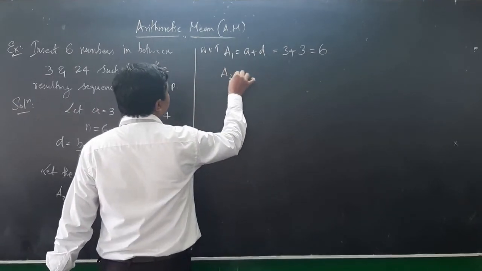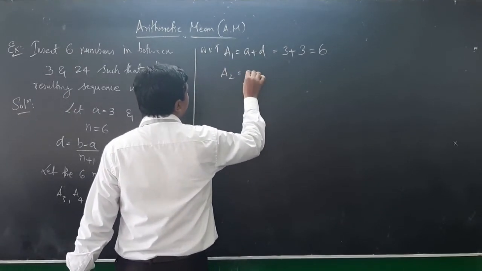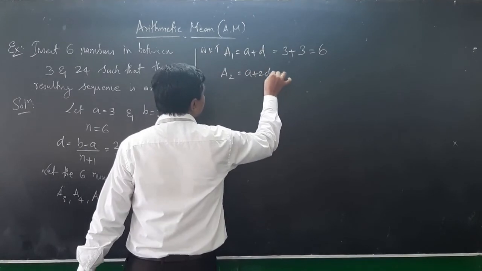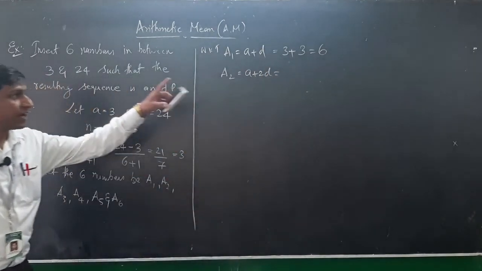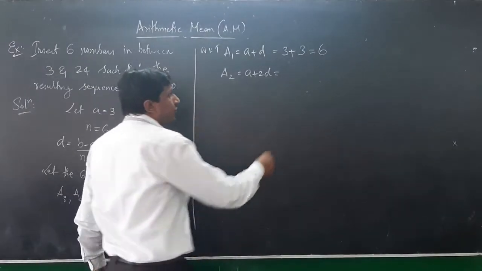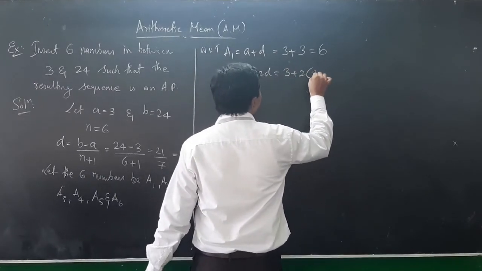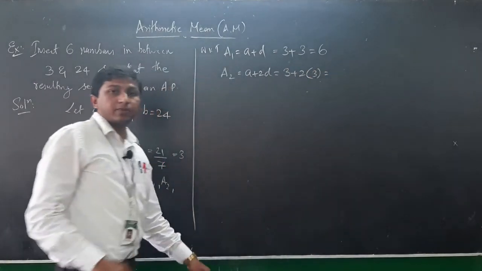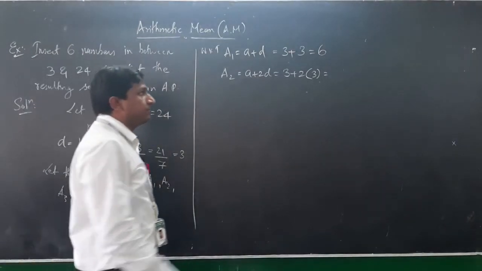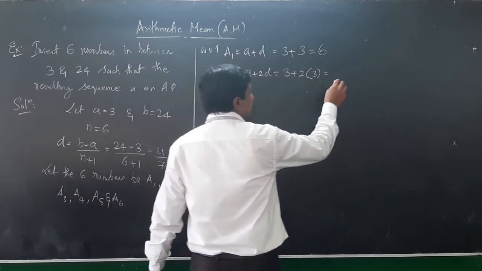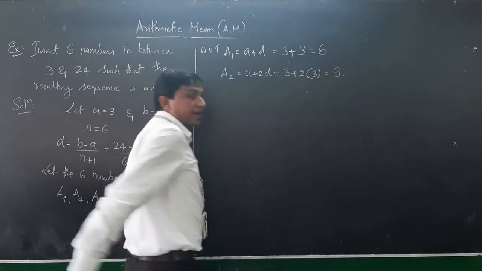Then what is a2? a2 will be nothing but a plus 2d, right? So that is 3 plus 2 into 3. So what is that equal to? 3 2s are 6, 6 plus 3, 9.